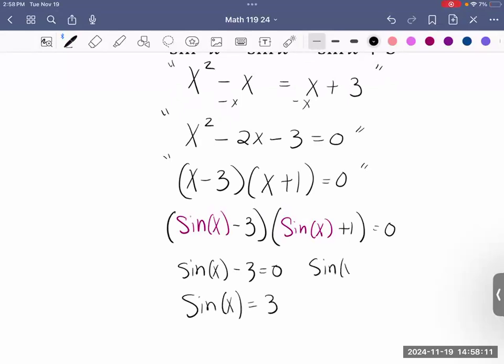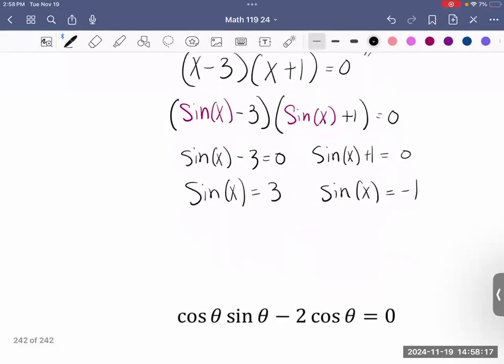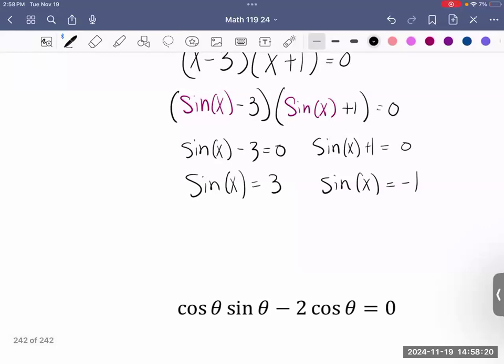And sine of x plus 1 is equal to 0, so sine of x is equal to -1. So where is sine equal to 3? Well, on your unit circle, we said that is out of bounds. So this one is another does not exist.